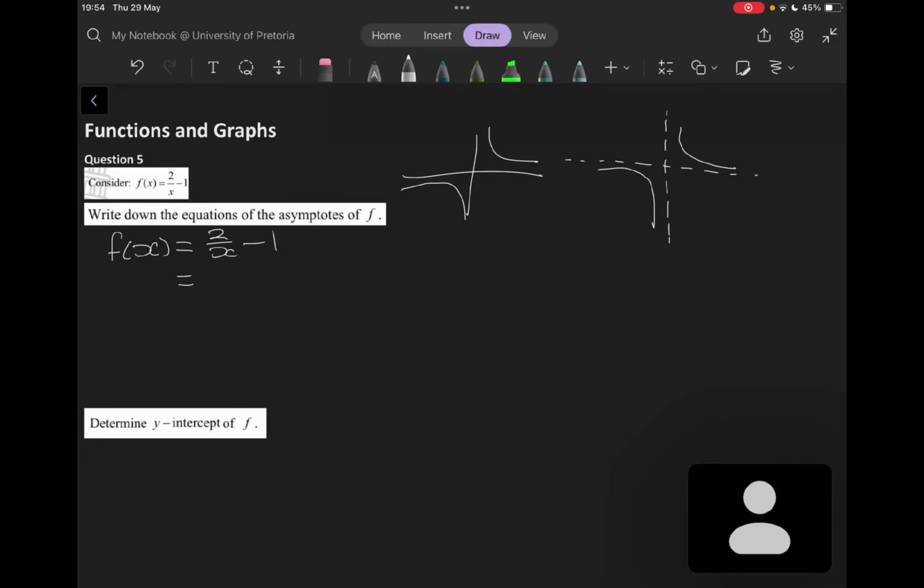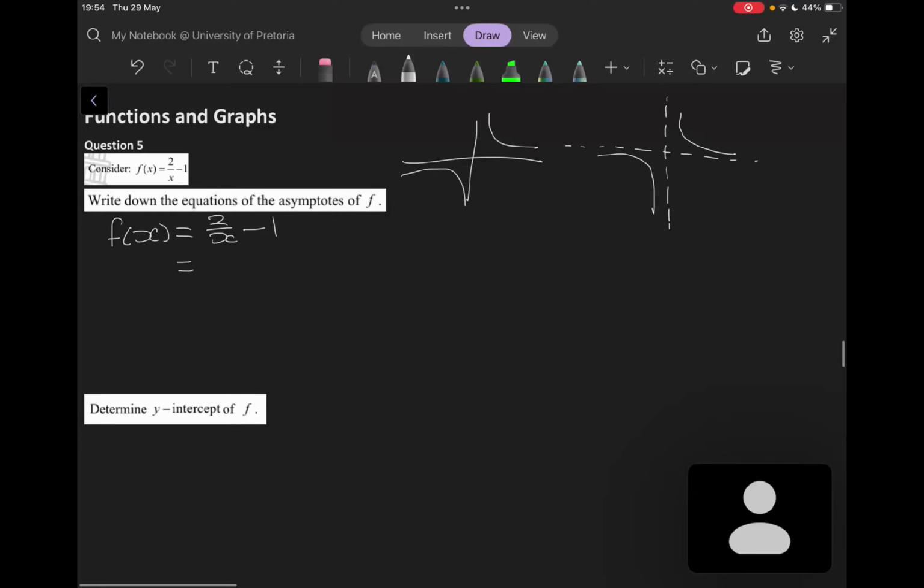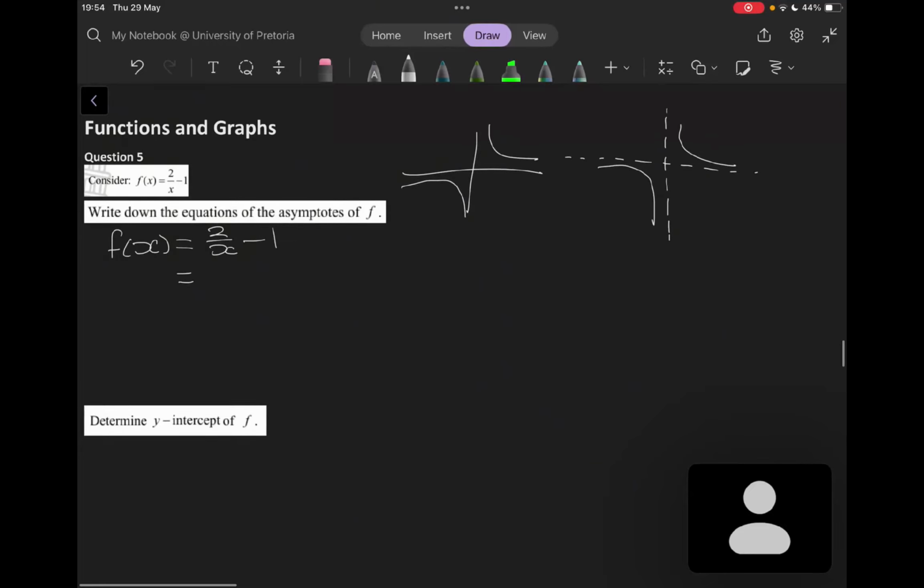Now it's time for us to solve for our second asymptote. How do you guys think we do that? Our second one, in this case, would be y is equal to -1. So let me write down the first one.